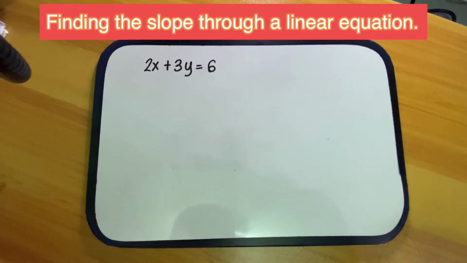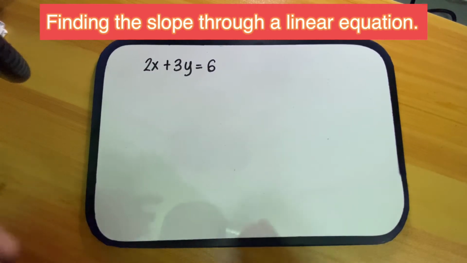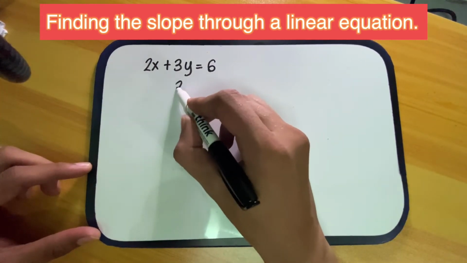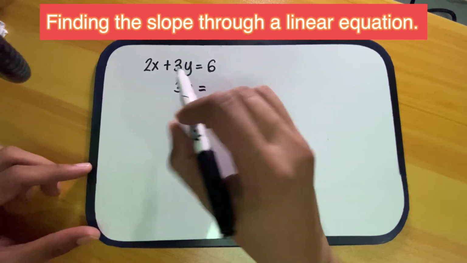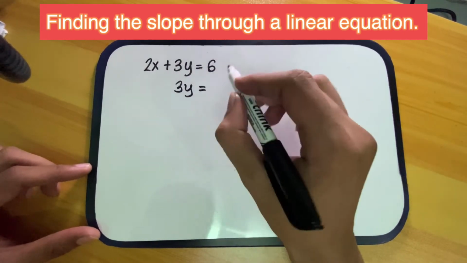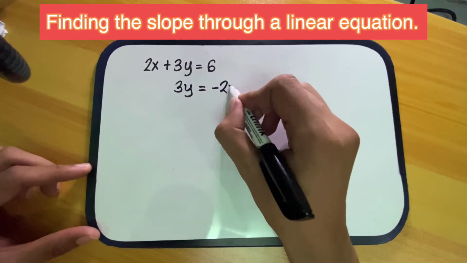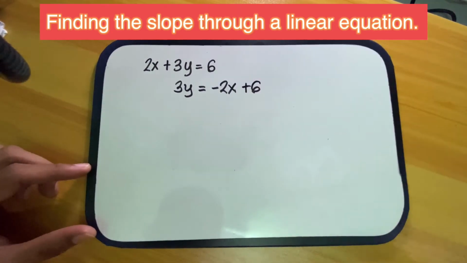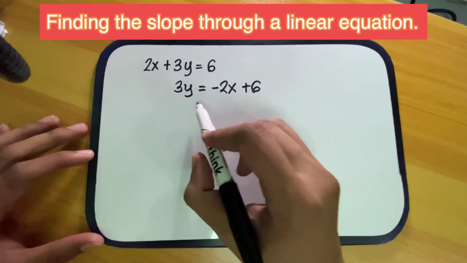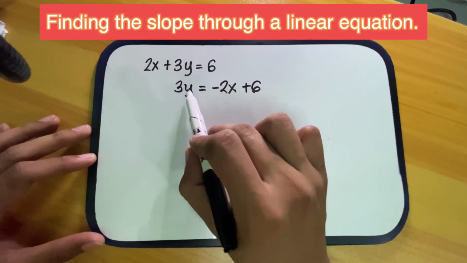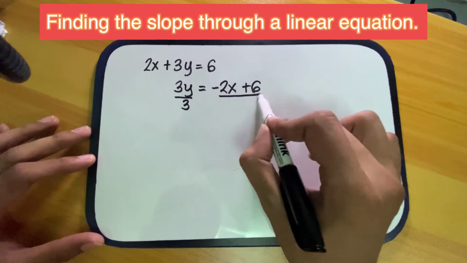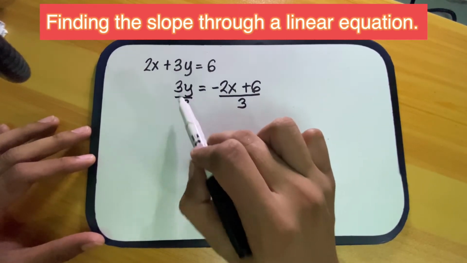Okay, let's have this one: 2x plus 3y equals 6. The first thing to do is copy 3y equals 2x, transposed to the other side becomes negative 2x, then plus 6. Then divide both sides by 3 to eliminate the 3 before y.